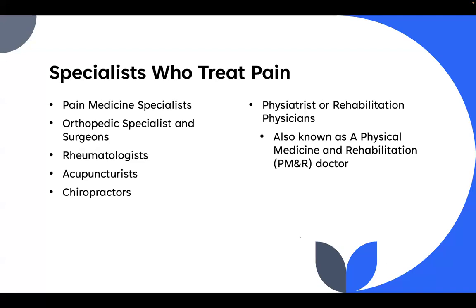There's orthopedic specialists. So they treat injuries and diseases that affect the musculoskeletal system, like bones, joints, ligaments, tendons, muscles. There's some specialists that specialize in certain parts of the body, like the hips, knees, and shoulders.